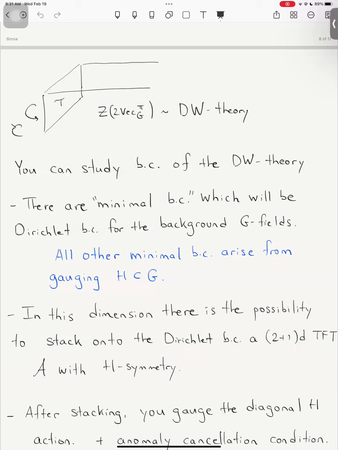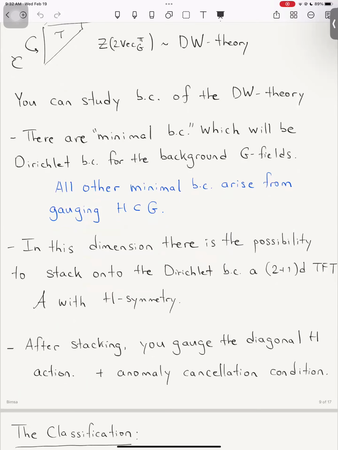So if you pick a minimal boundary condition that has an H symmetry, you could also attach an A with an H symmetry. This just means that there's an action of H into the automorphisms of this braided fusion 1 category. So it's like saying that you could decorate this boundary condition with extra symmetries just because you live in a higher dimension.